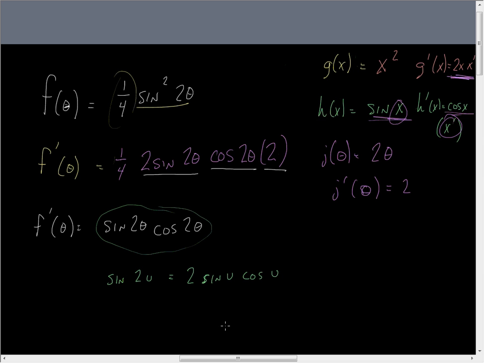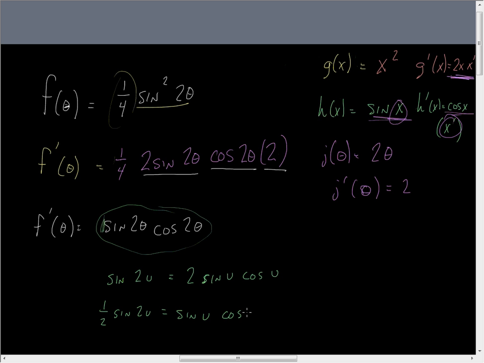Now we have only 1 up here, so let's divide by 2 on both sides so that we get 1/2 sine of 2u is equal to sine u cosine u.